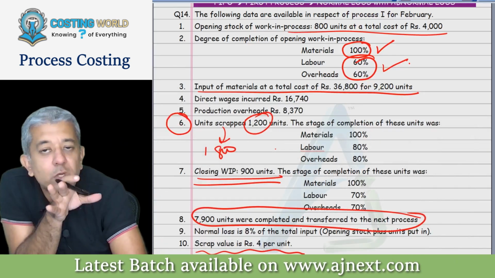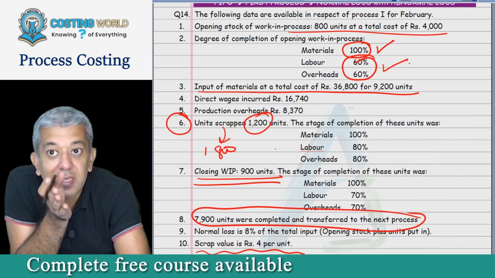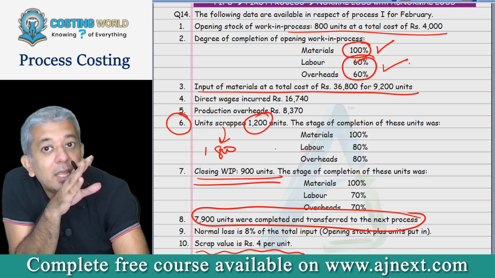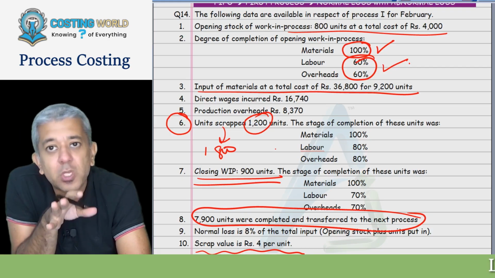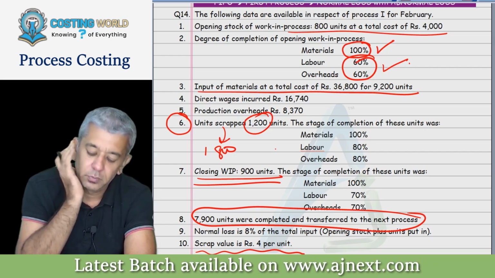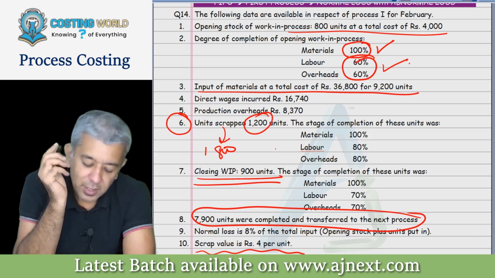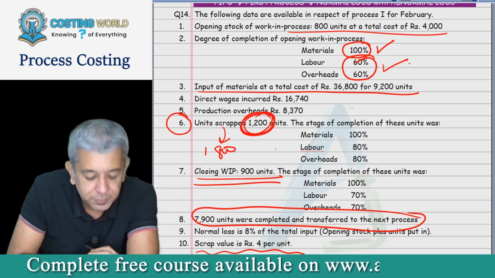Now see. Those units which were scrapped, obviously it might not have happened that they got fully processed and then were scrapped. Mostly the goods will get spoiled in the middle only, no? Can we say that 400 is part of this 1200?